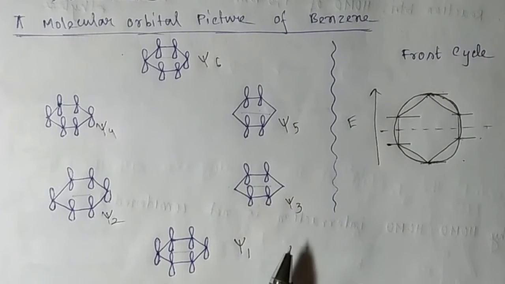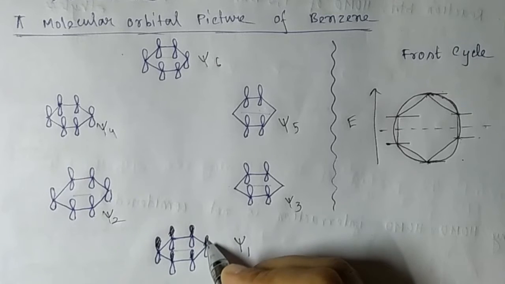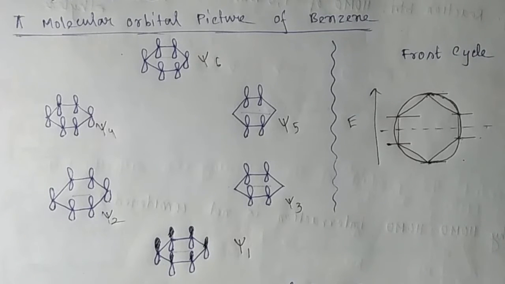Remember, psi 2 and psi 3 are at the same energy level, that is why they are degenerate. For psi 1, the first energy level, there is no node, so we simply draw this pi MO where all the p orbitals have the same symmetry.